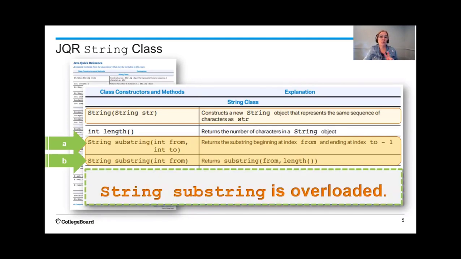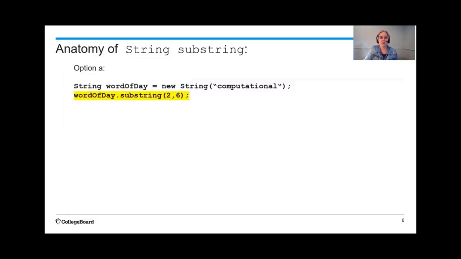So we have two methods with the same name but a different signature in the syntax, then we call that overloaded. Java's going to know what we want it to do by how many items are provided in the parameter. So you might want to note this from and to, and you'll see how these work as we go through the anatomy and then the code.